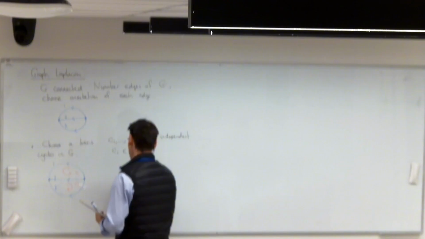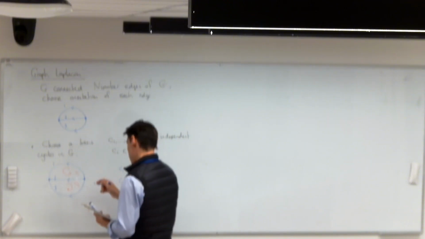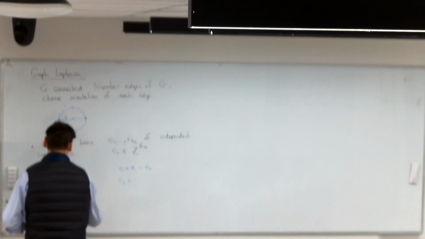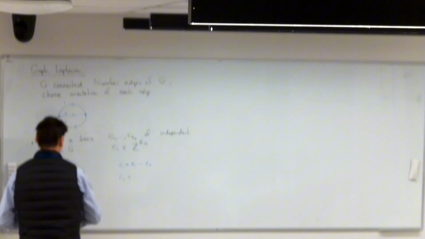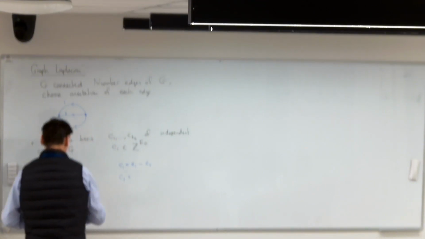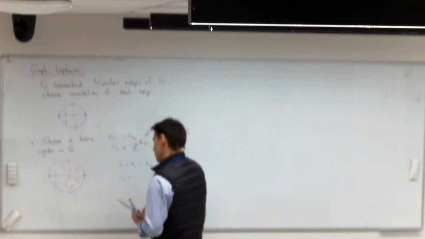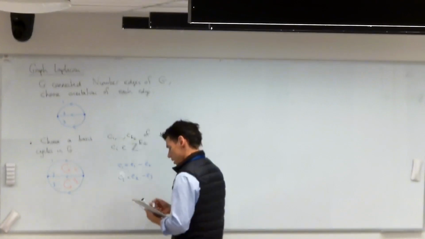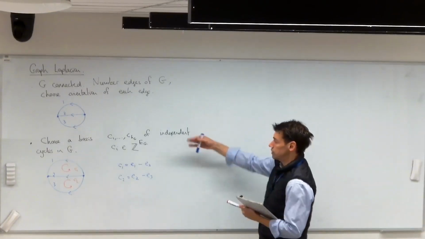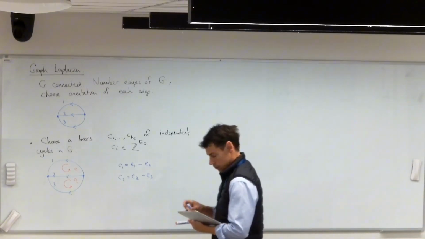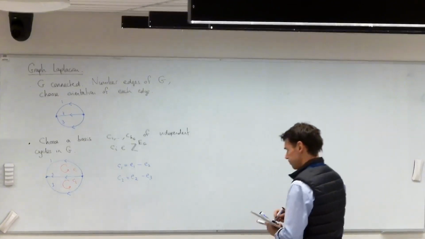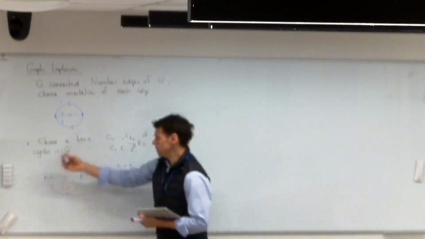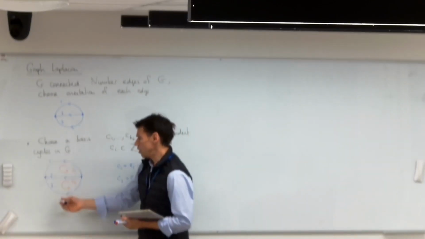And C2, I want to go around, I want it to be opposite, otherwise I'll have strange signs. So C2 will be E2 minus E3. Ultimately, these choices won't matter. For now, we're going to make lots of choices. You can choose any other. For example, you could take the big circle, you'd get E1 minus E3.